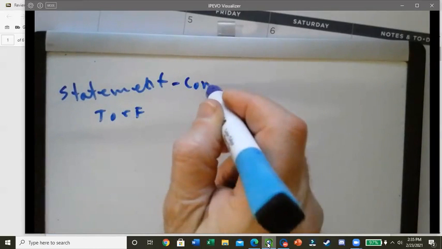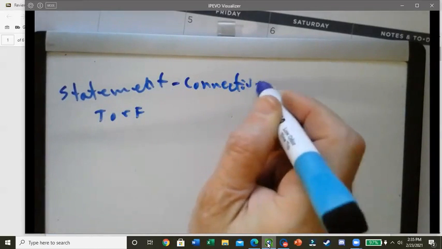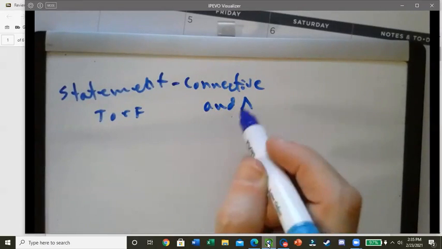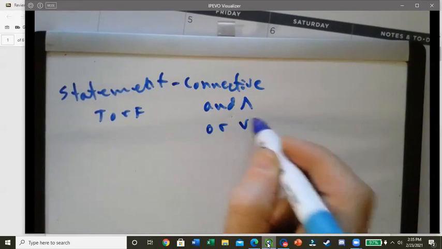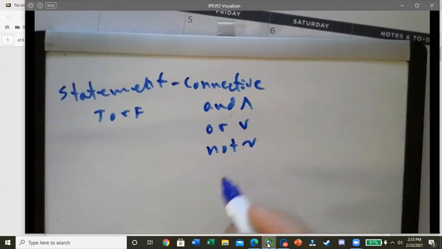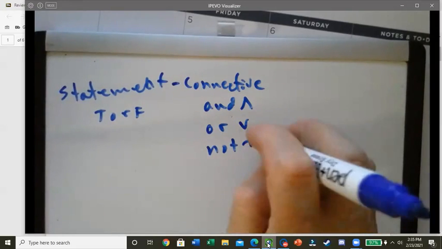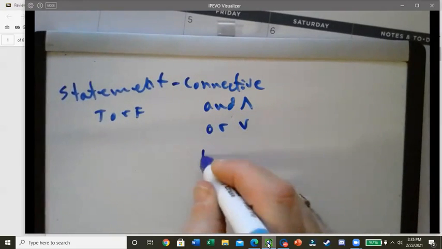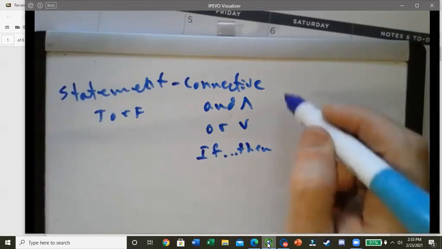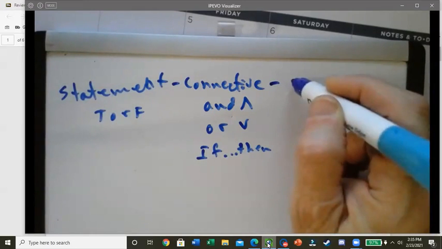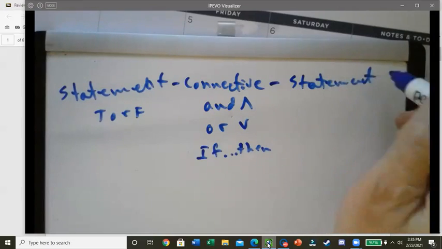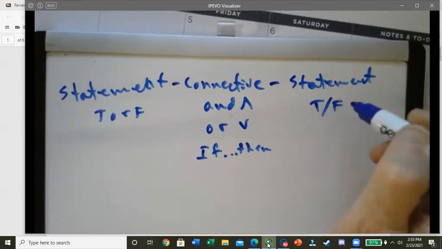And then connective, and that could be and, the upside down looking roof, or the V looking symbol, not, that's a tilde looking symbol, or, if, then. So those are all connectives. And then another statement, again, true or false.